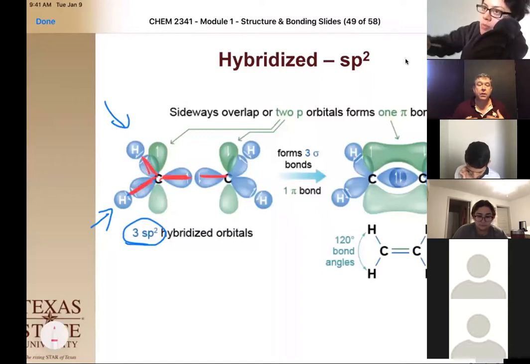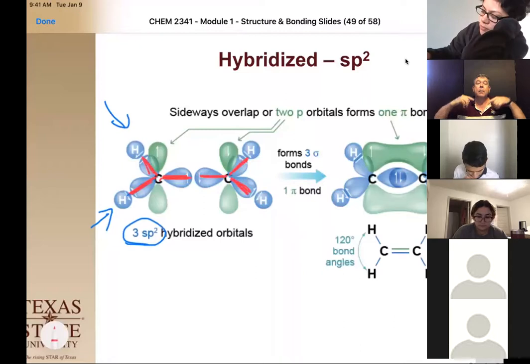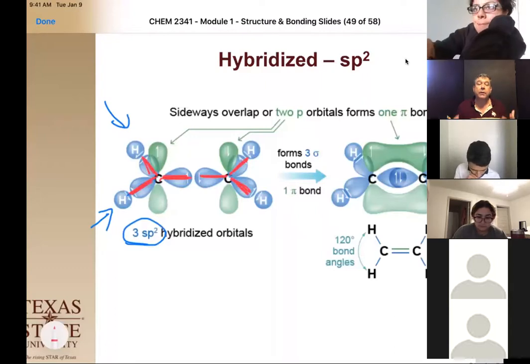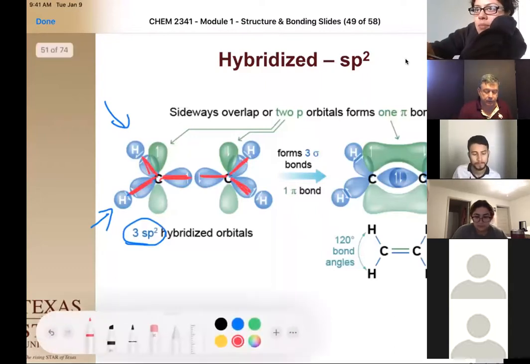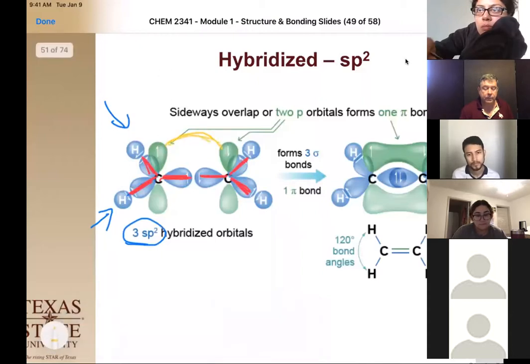Okay, so that takes care of the hybridized orbitals, but that means that there is a p orbital untouched above and below that plane. So we still need a total of 8 electrons around each of those carbons. So what we're going to do is share, above and below the plane of that sigma orbital, 1 electron from each of those p orbitals to make another bond.